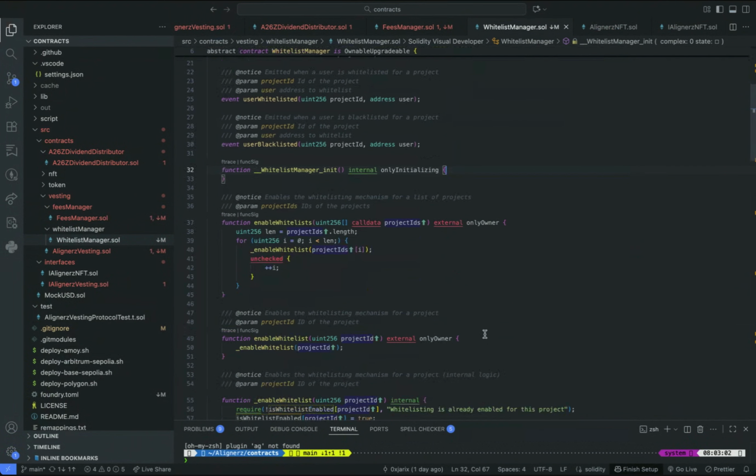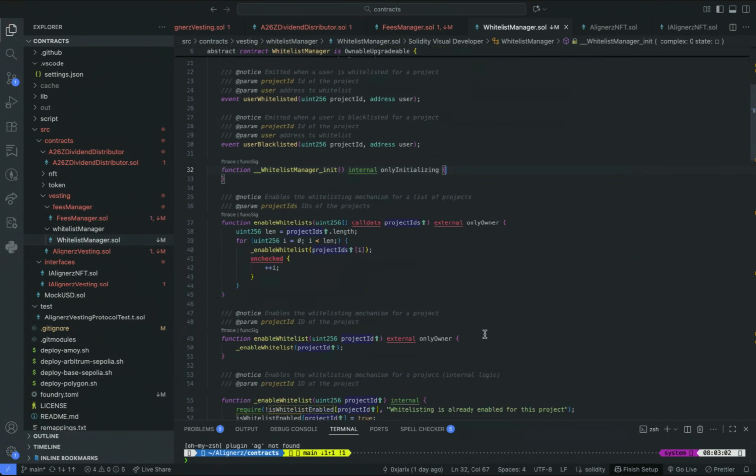So the biggest contract, and the one I want you to really focus on, is the Alignerz vesting. It's the whole project, if you want. The dividend distributor will usually be for the Alignerz token, 826D.